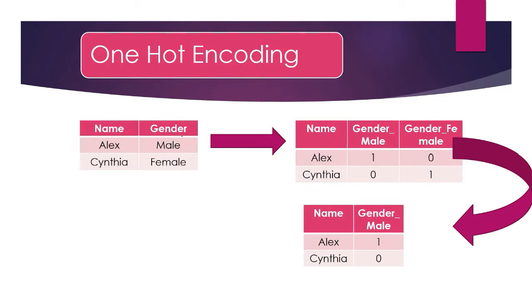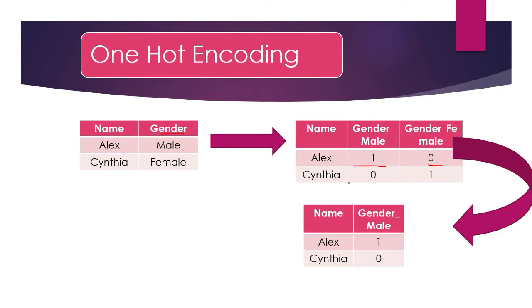Rather than keeping gender only, we have created gender underscore male and gender underscore female. Now if you see, at any given time only one is active. For Alex, the gender underscore male is 1 and gender underscore female is 0. It means that for this particular record we have gender as male.